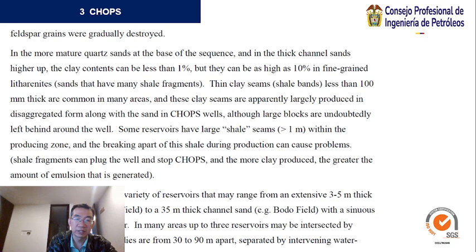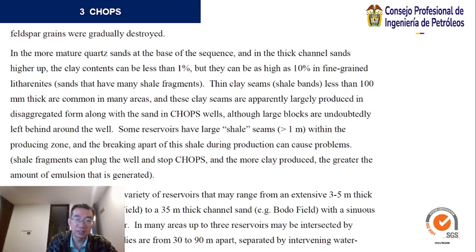Oil production is from a variety of reservoirs that may range from an extensive 3 to 5 meter thick blanket sand to a 35 meter thick channel sand with sinuous trends no wider than a kilometer. In many areas, up to 3 reservoirs may be intersected by a vertical well.